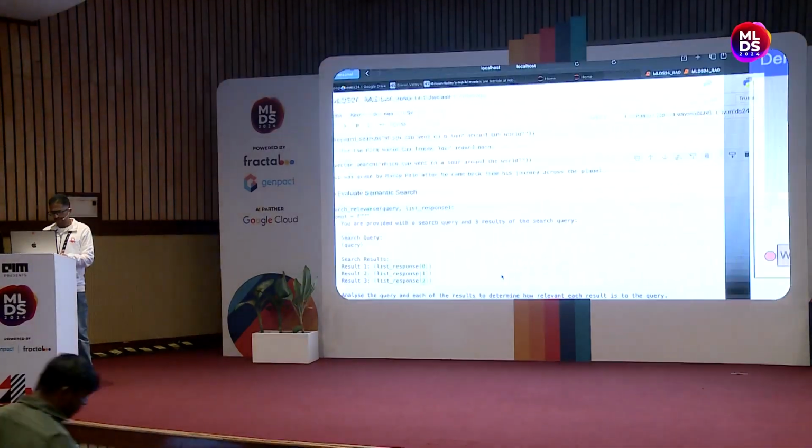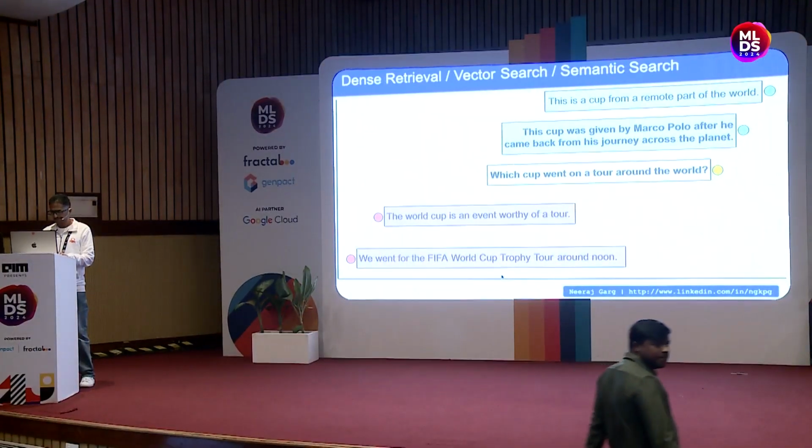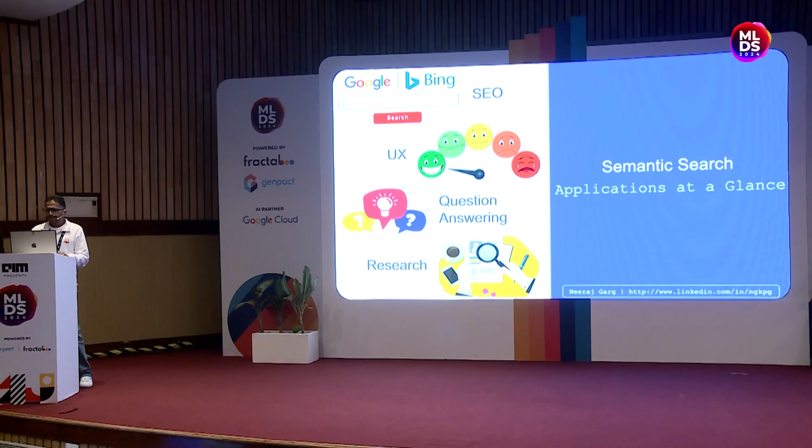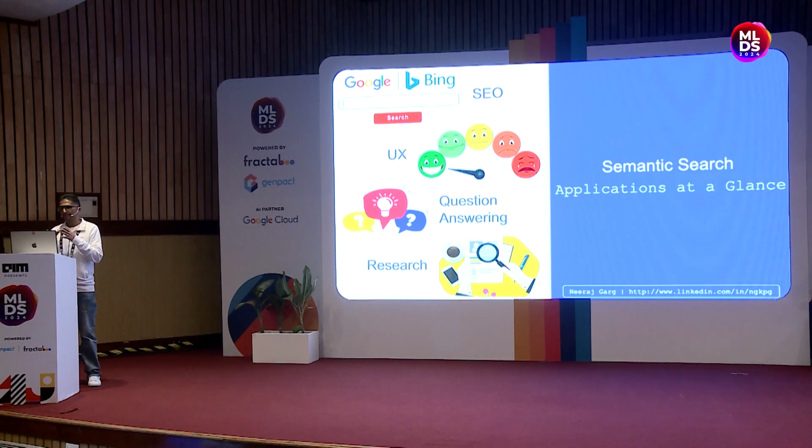Let's go back to the slides for some time. We have some more demos, so we'll go back and forth between the slides and the demo. Now let us go through very quickly some applications of semantic search. Semantic search can be used to optimize our websites, our web pages for search engines like Google and Bing.